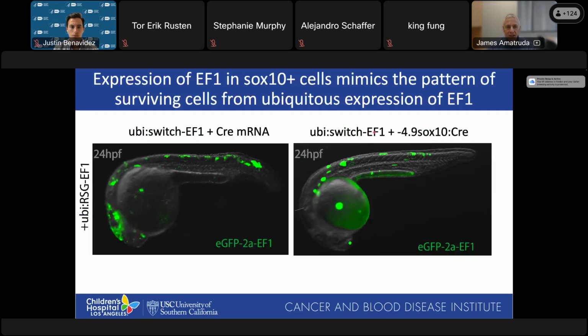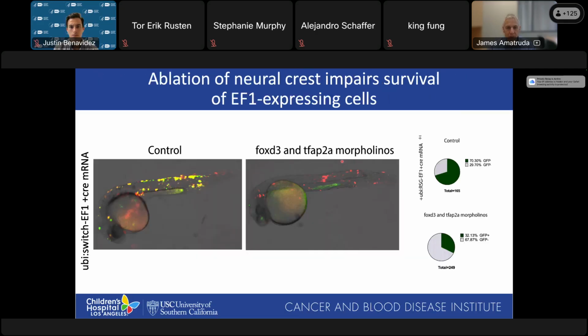More directly, she used a SOX10 Cre in order to activate expression of this EWS-FLI1 from this switch construct only in neural crest. And again, you can see a very similar pattern where the neural crest positive cells are able to tolerate the fusion and survive.